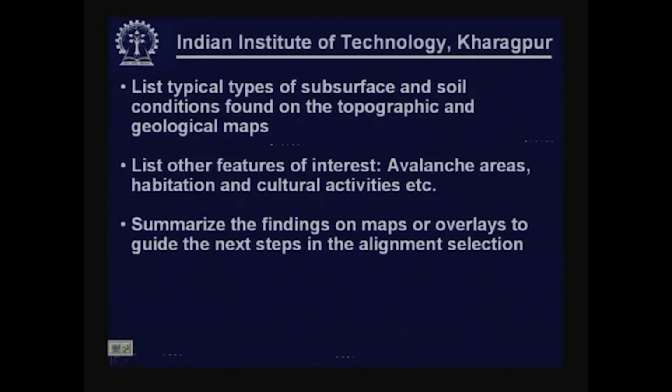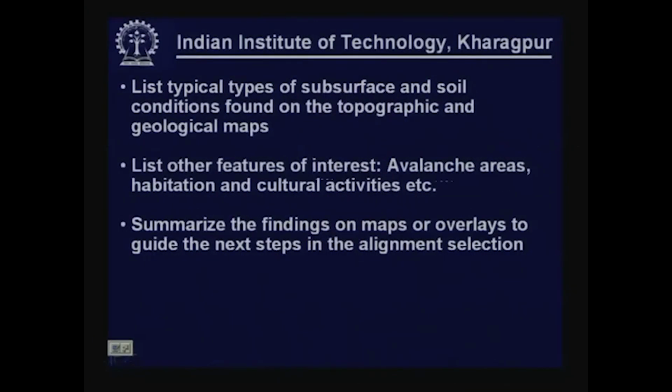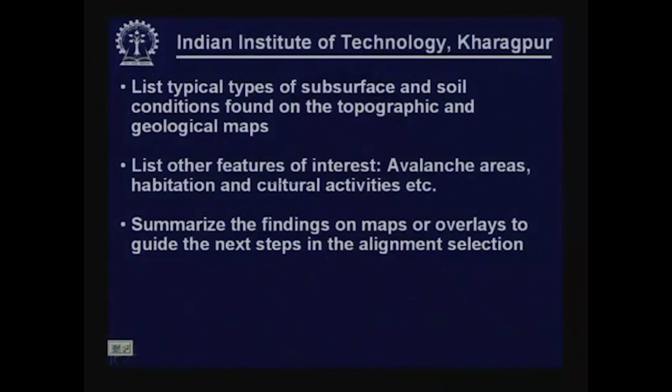We also list all other features of interest, for example, avalanche areas, habitation, cultural activities, because all these places tell us that probably we should not run the road through an area which is an avalanche area or where there are cultural activities, because we want to protect them or we want to avoid such places while taking a new road. Then with all this we try to summarize the findings on maps or overlays to guide the next step in the alignment selection.